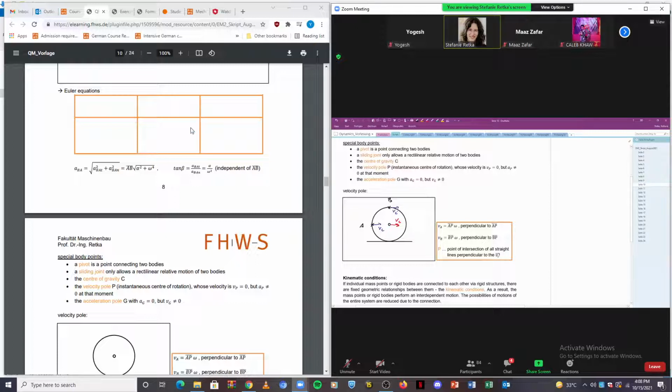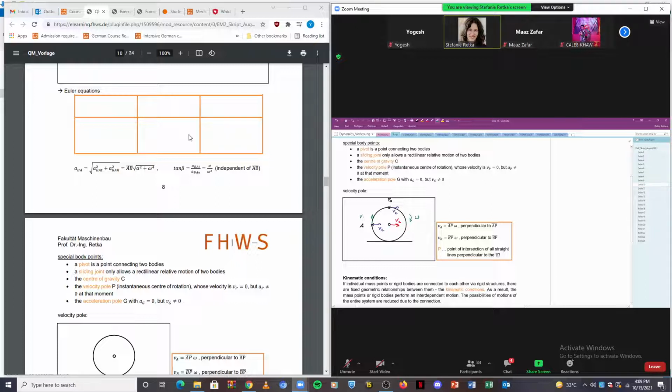And then at the same time, the cylinder rolls, so it has an angular velocity omega, rolling in this direction. Then we have a velocity component due to rotation. Point A rotates about the center of gravity, and the velocity due to rotation is tangential to the path, pointing this way.